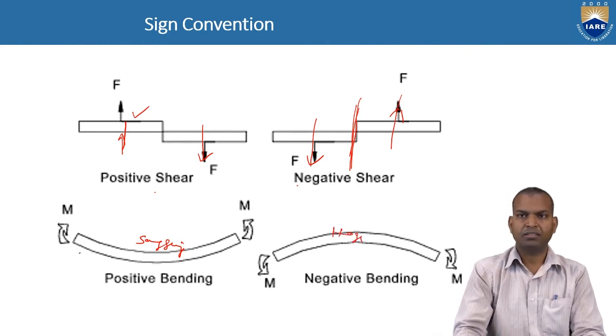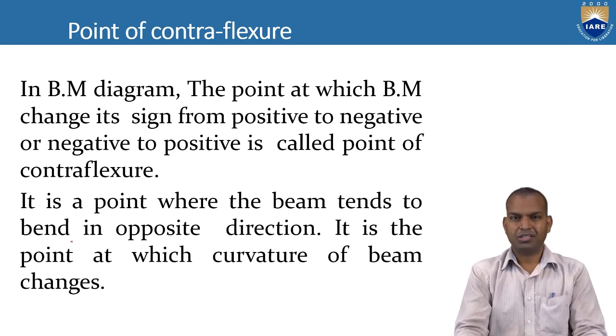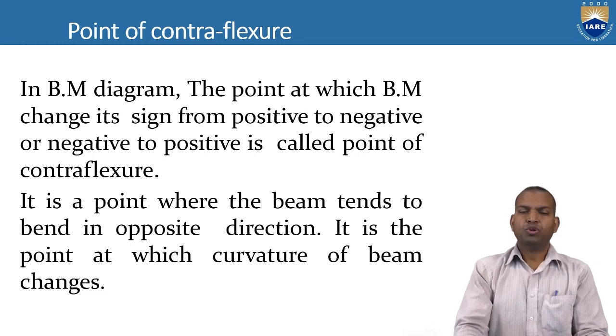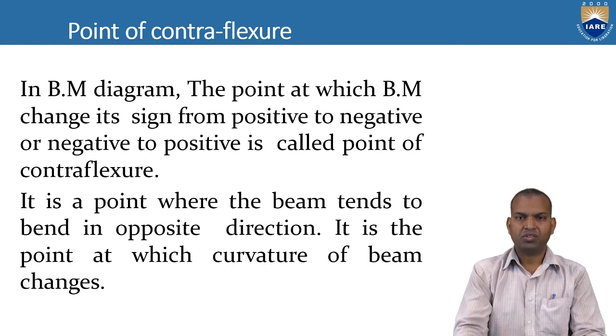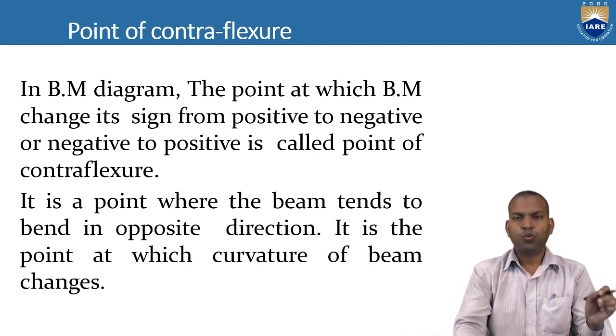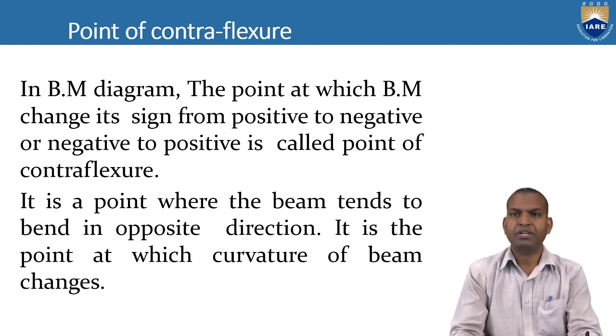So negative bending moment. Now further, there will be a point of contraflexure. Very important here. What is this point of contraflexure? Point of contraflexure always happens in the bending moment diagram. The point of contraflexure means the point at which the bending moment changes from positive to negative or negative to positive.